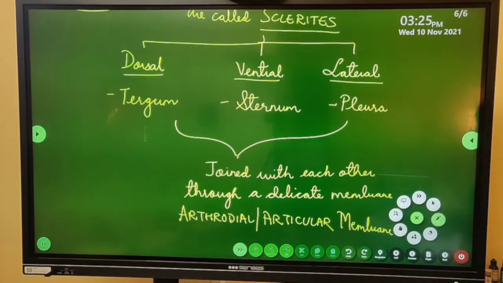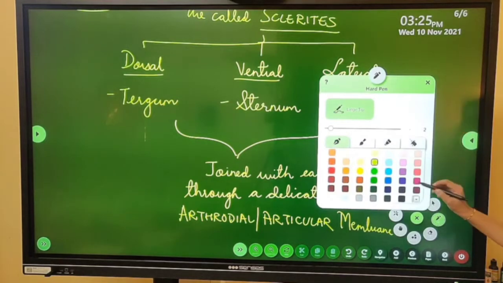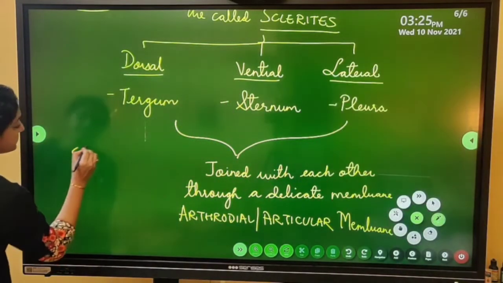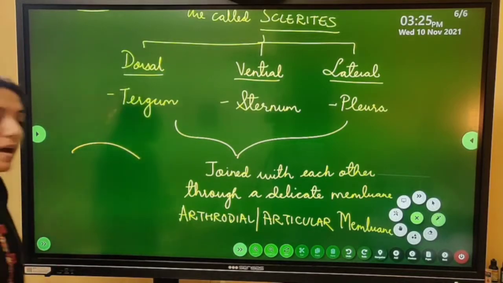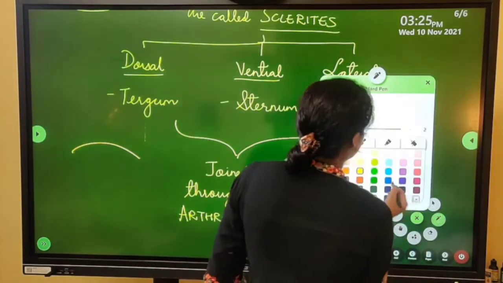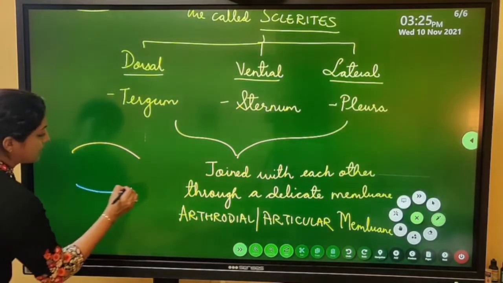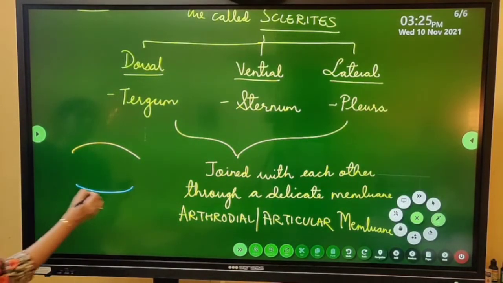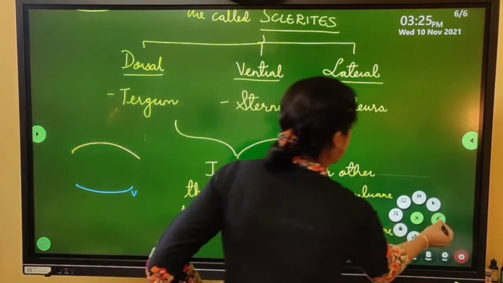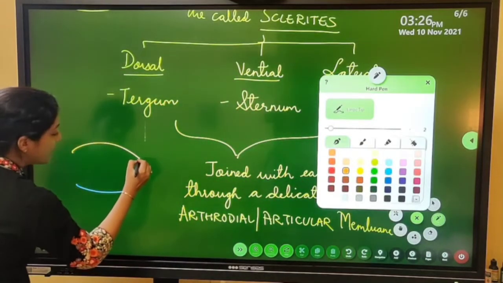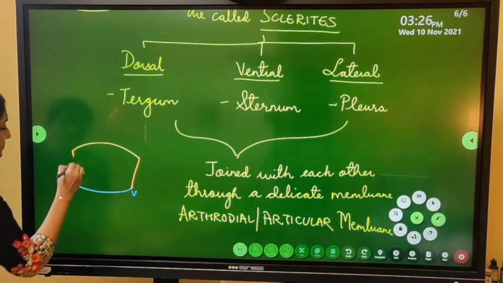We'll do a simple diagram which shows us, see, if this is the tergum, and if this is the sternum. Sternum means the ventral one. So this is ventral, this is sternum, the upper one is tergum, and then you will have the pleura, which will be on the lateral side.